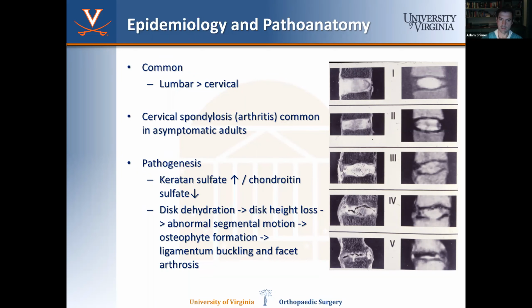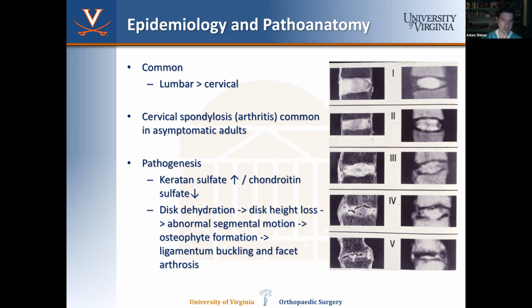you have an increase in keratan sulfate and a decrease in chondroitin sulfate. The stages of disc degeneration seen on the right here are first disc dehydration, which results in decreased hydrostatic pressure, therefore decreased height.